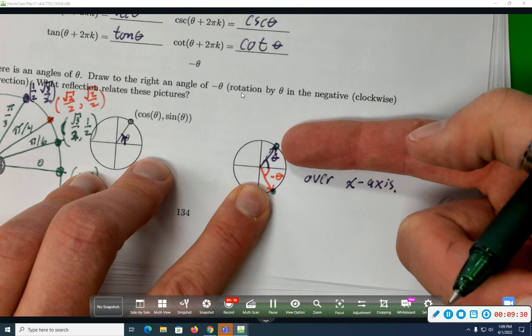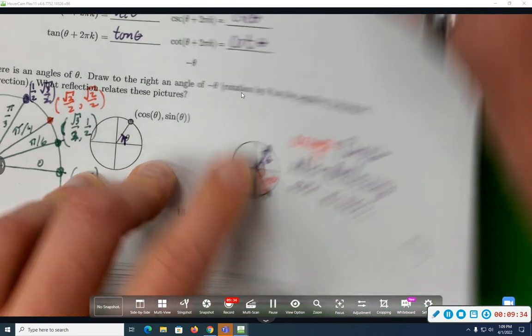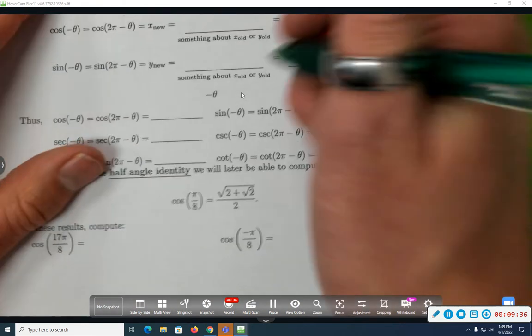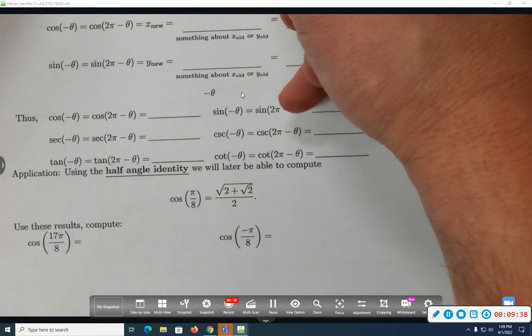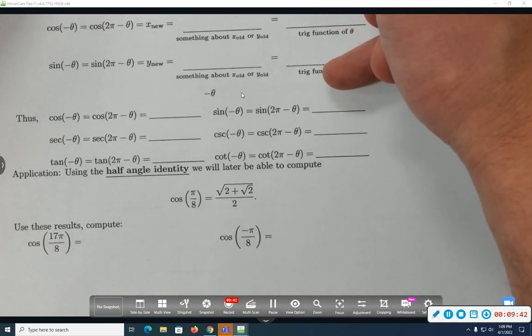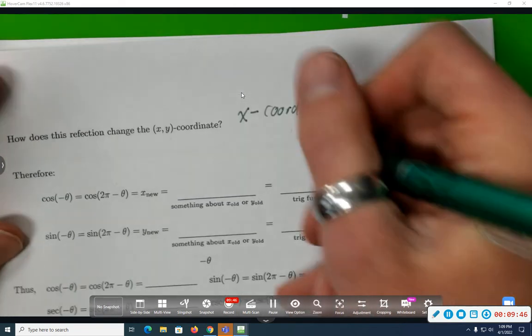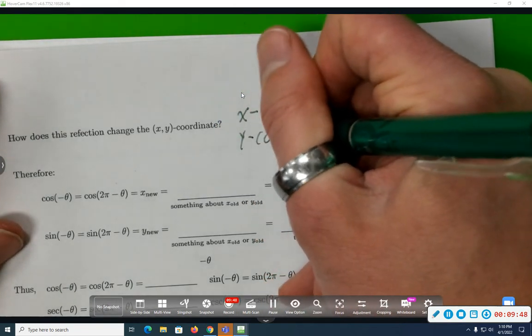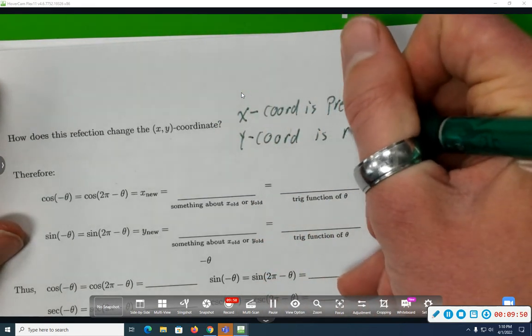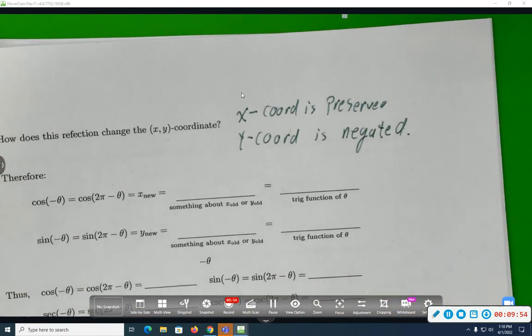Different, but in a very specific way. One's negative, the other. So how does this reflection change xy coordinates? The x coordinate is preserved. Yes. The y coordinate is negated, made negative. Nice. So that let us compute some trig functions.